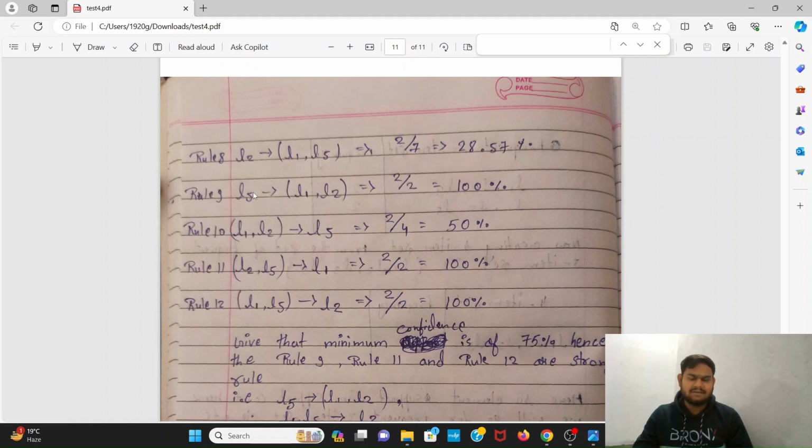Rule 9, L5 to L1, L2 equals 100%. Rule 10, L1, L2 to L5 equals 2 by 4, which is 50%. Rule 11, L2, L5 to L1, which is 2 by 2 equals 100%. Rule 12, L1, L5 to L2 equals 100%.